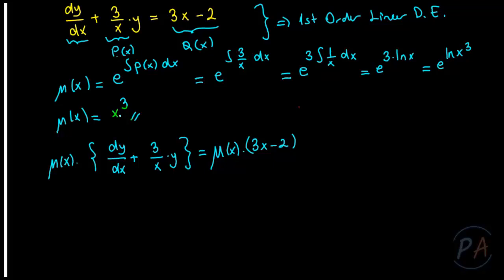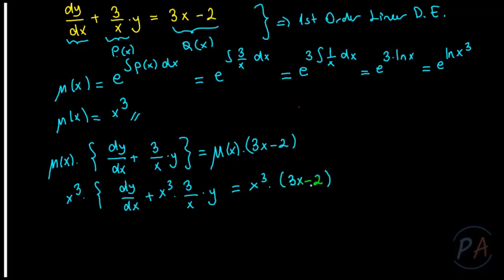Then I substitute x cubed here: x cubed times dy over dx plus x cubed times 3 over x times y equals x cubed times 3x minus 2.